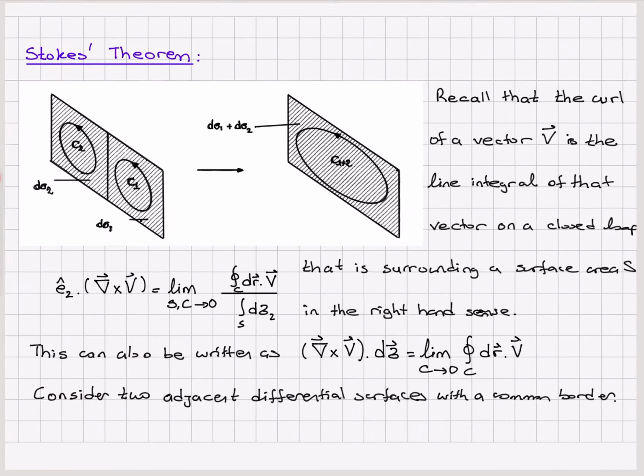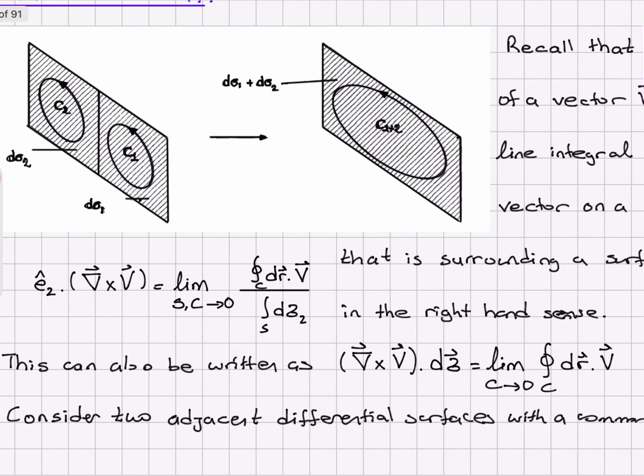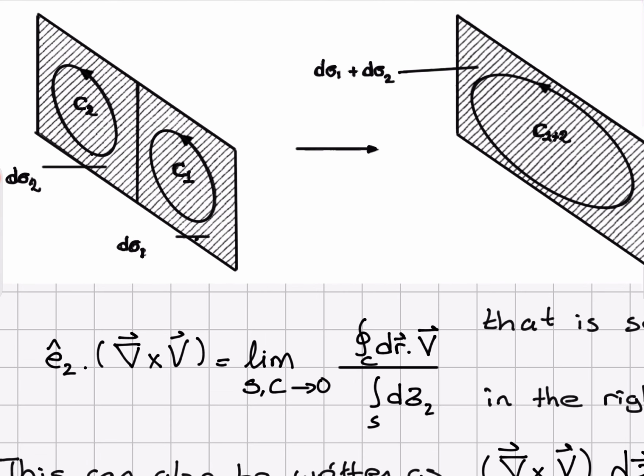Okay, now we're going to consider two adjacent differential surfaces with a common border here. We're going to do the path integral over the paths C1 and C2. This will have an area vector d sigma 1, and this will have an area vector d sigma 2.